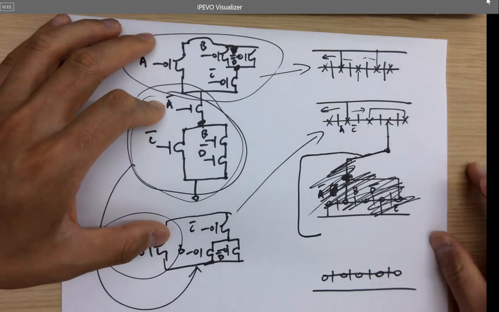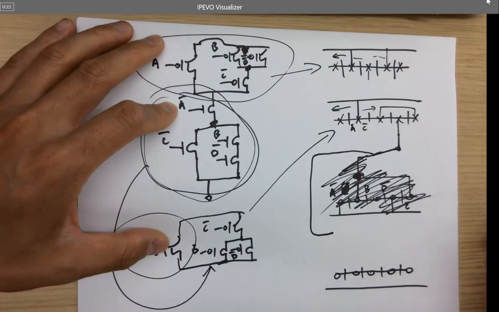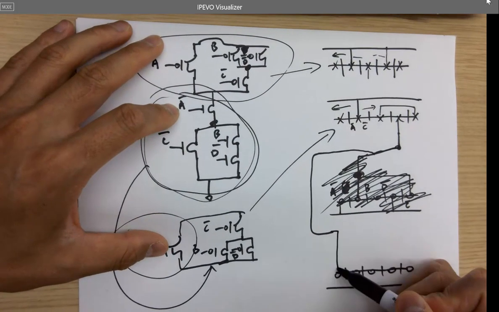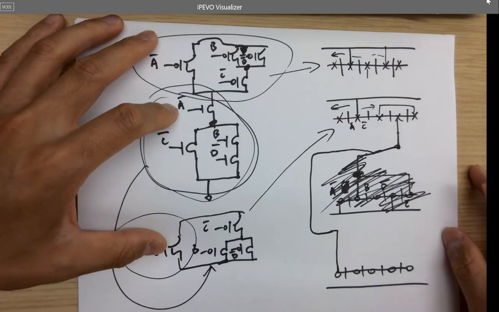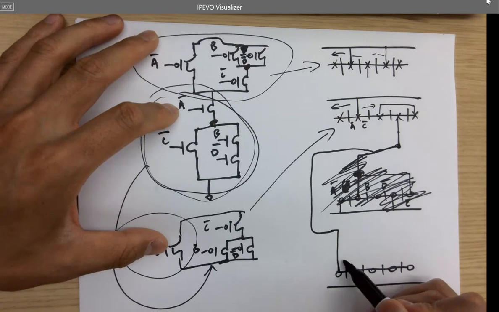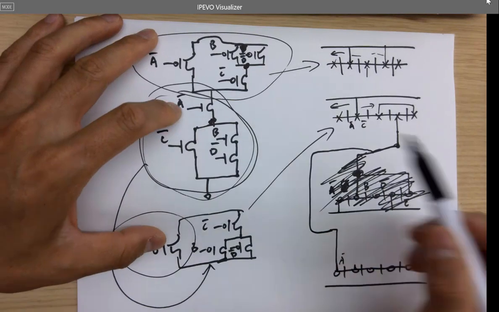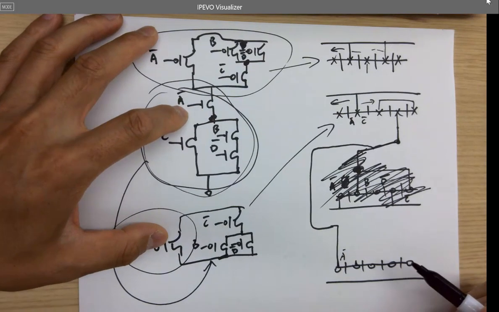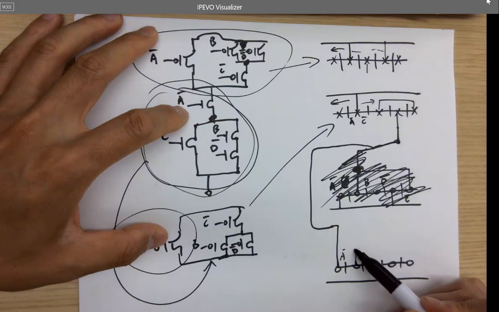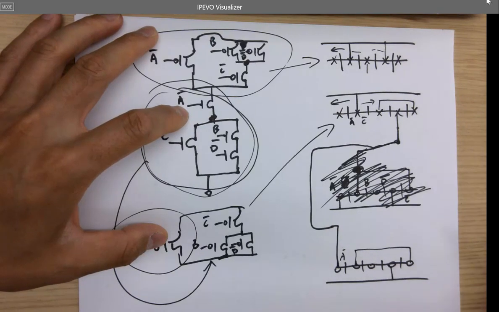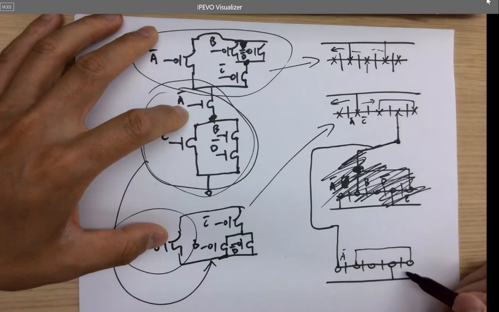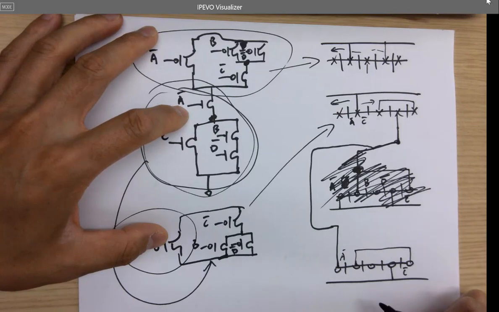Okay. So that's A naught, and this node is this node. Can we still do it? Yes. This becomes C naught, and this is B and D naught, right?